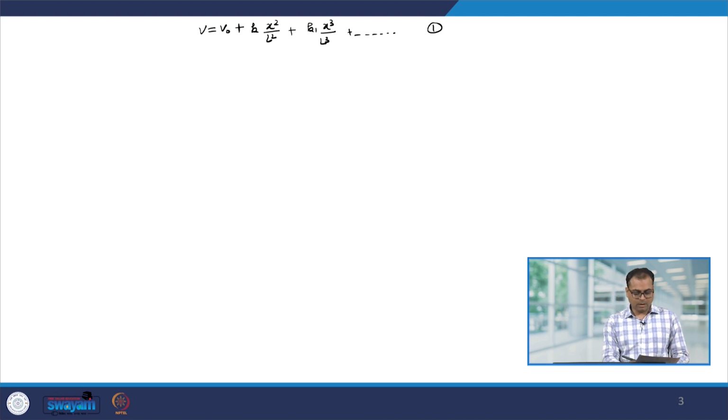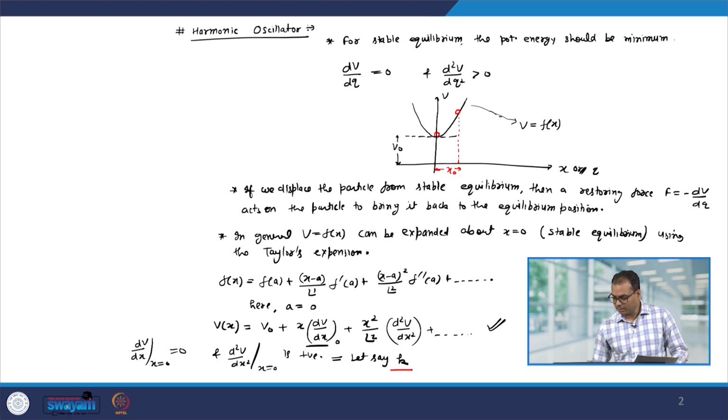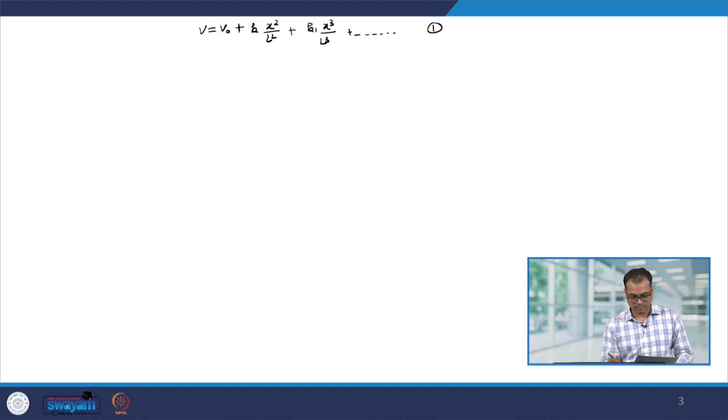Okay. Now, we have also seen that the force that is acting on the particle when you move it from the stable equilibrium is minus dV by dq. So, herein it is minus dV by dx. Okay. So, F is equal to minus dV divided by dx, and from here I can find out what is the force that is acting on the particle. So, therefore, F is equal to, so let us differentiate equation number 1, V naught is a constant value.